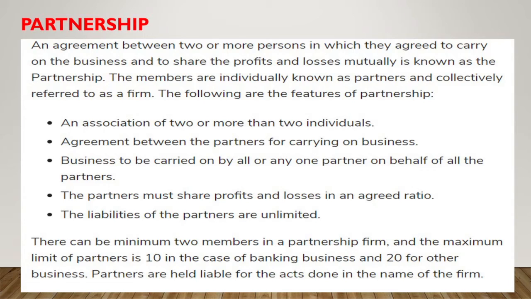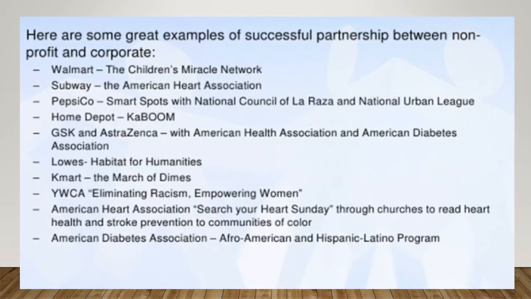Just for understanding purposes, now we are taking the difference between partnership firm and joint venture. Some partnerships are taken for your reference. Walmart and Children's Miracle Network: Walmart joined with the Children's Miracle Network, which supports children, maybe orphans.